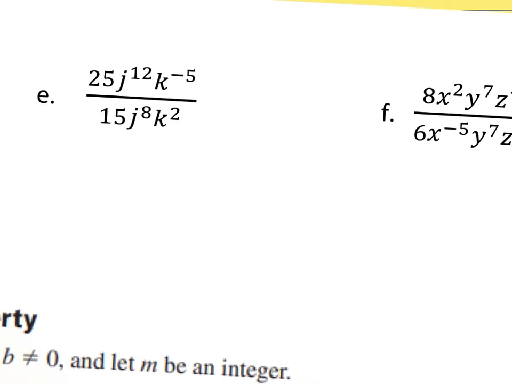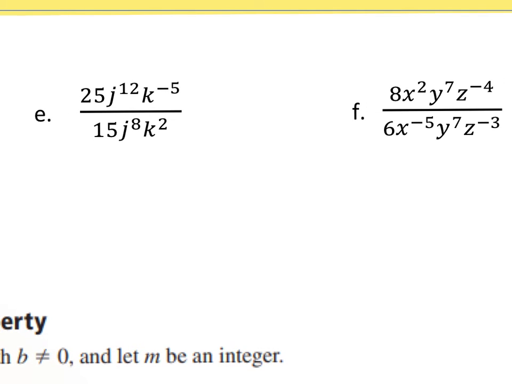Okay, E, I have a coefficient again, so let's reduce 25/15. I can divide them both by 5. So it's going to be 5/3. J's, there's more j's on the top than on the bottom, so it's going to be 4 left on the top.